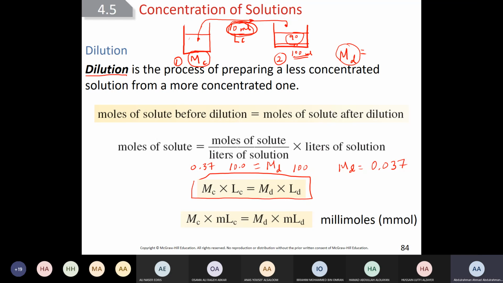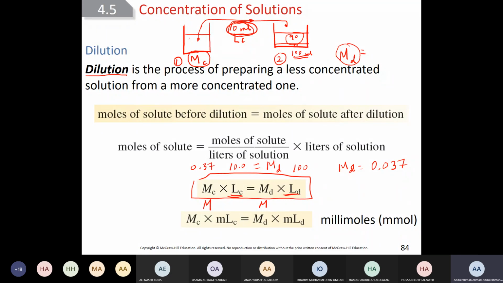Clear? What's the unit? Usually the unit for molarity is M. What should be the unit of LC? Is it going to be liter or milliliter? It depends on the volume that he gives you. What's important is that this unit and this unit must be the same.